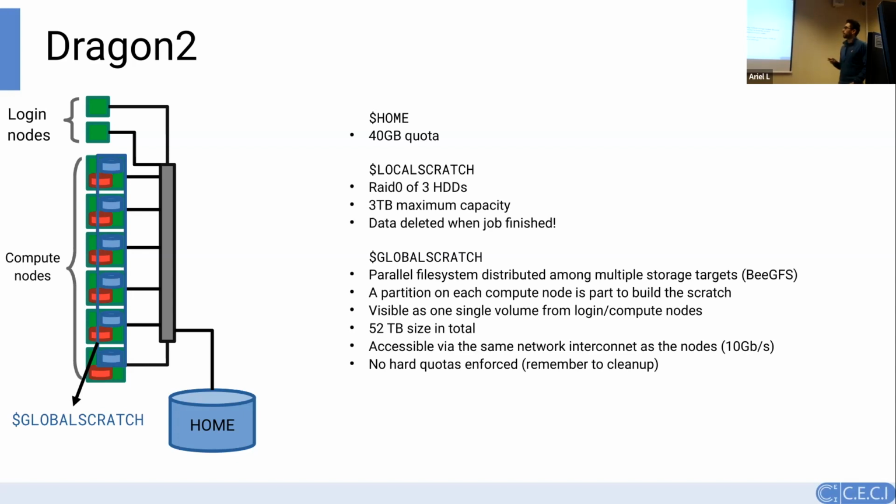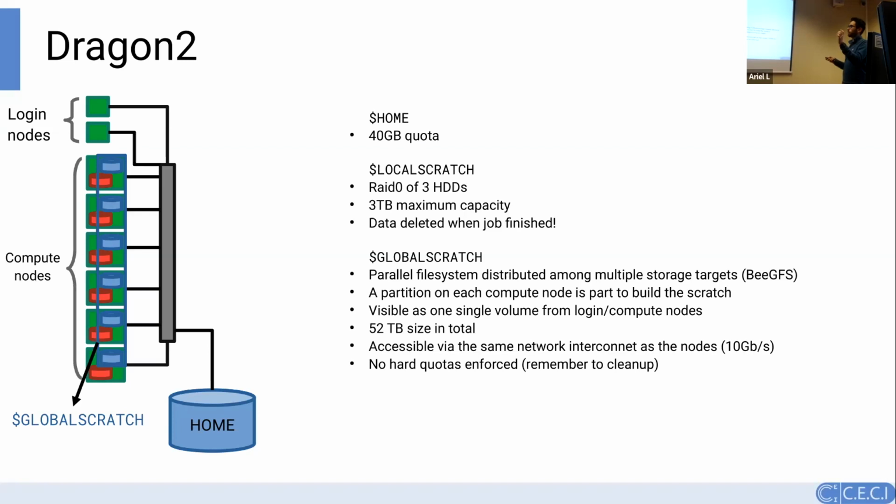But then there's also a global scratch area provided, still being set up with the BeeGFS file system. But differently to NIC5 and Lemaitre3, where you have dedicated storage servers, fully independent machines from the compute nodes just providing your storage cluster, in this case the parallel file system is built up from small partitions from the local disks.